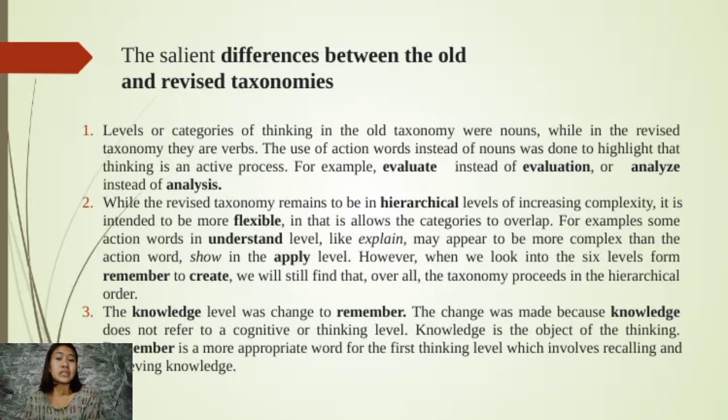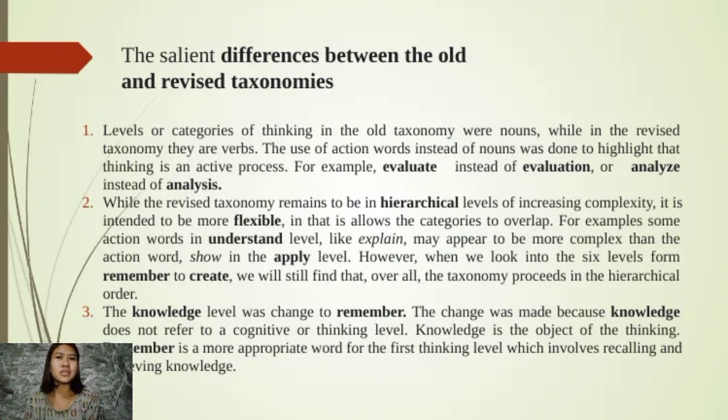Another difference between the old and revised taxonomies is that while the revised taxonomy remains hierarchical, with levels of increasing complexity, it is intended to be more flexible, which allows the categories to overlap.